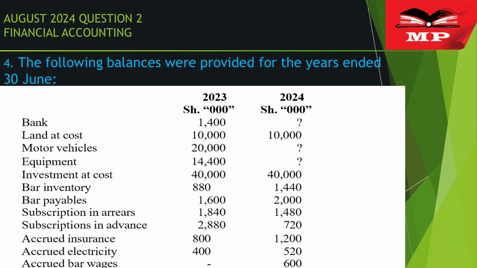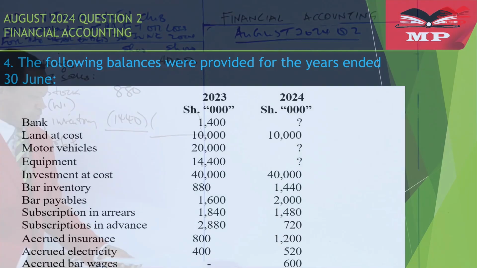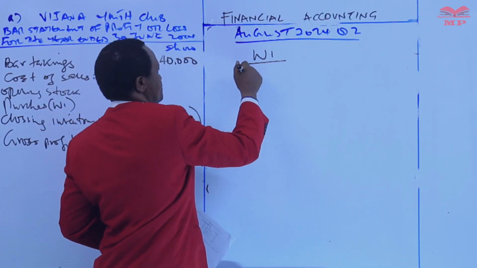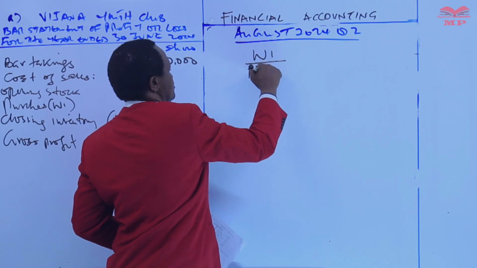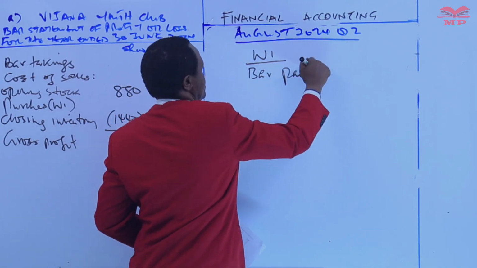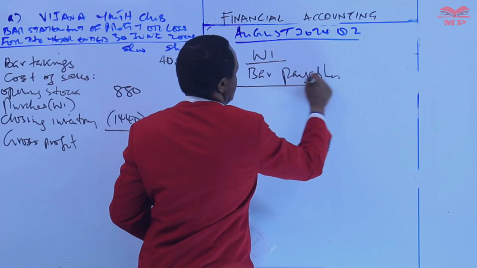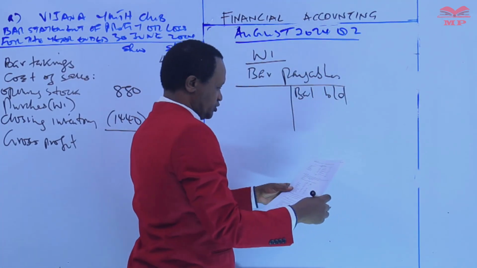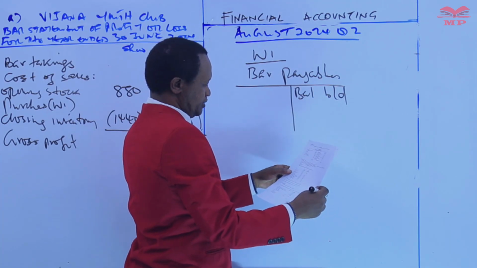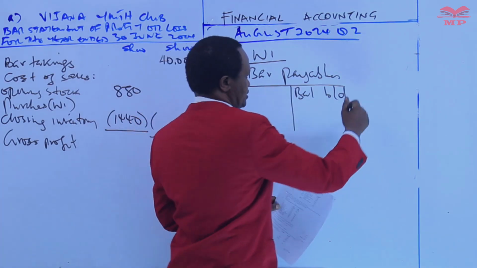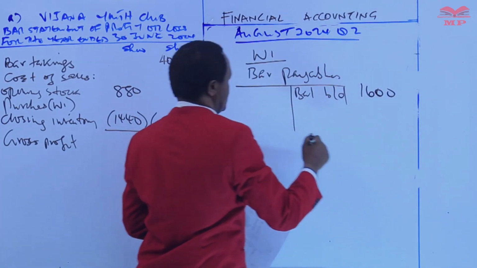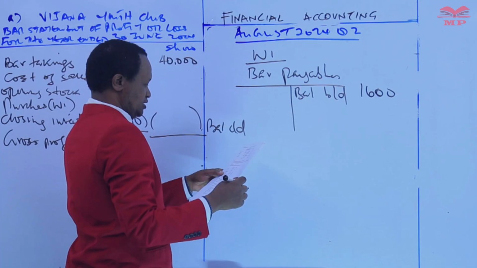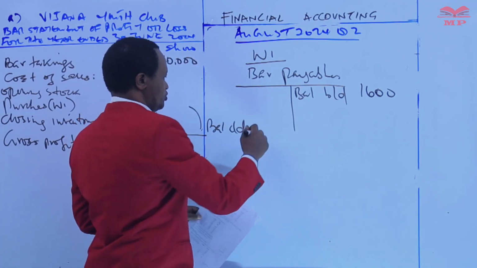So working one. This is bar payables or creditors. So you have balance brought down. The balance brought down there, bar payables, is it 1600? The balance carried down at the end, is it 2 million?